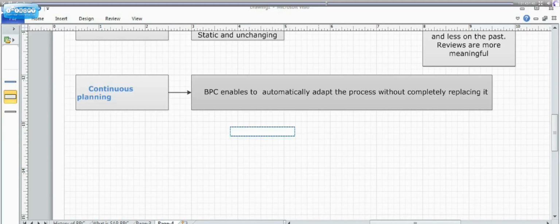So BPC proposed a technique based on continuous planning to automatically cope with unexpected changes in order to modify those parts of the process that need to be changed or adapted, and not touching the other parts and keeping them stable.